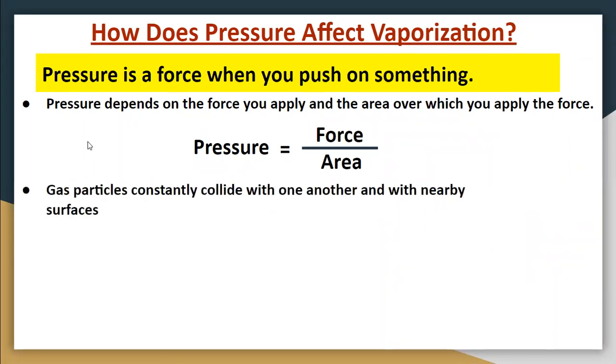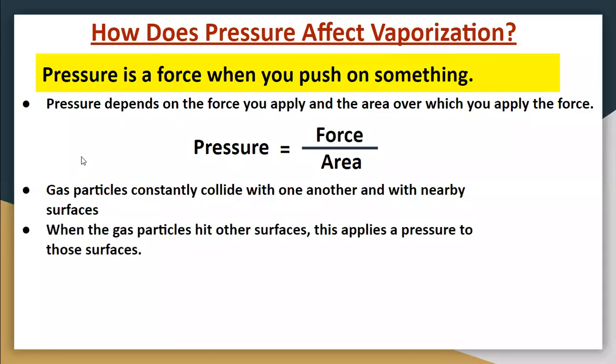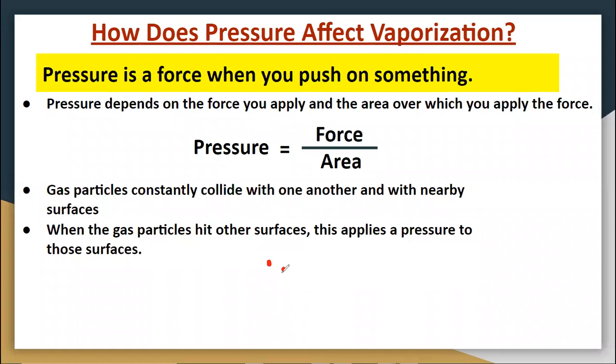Gas particles constantly collide with one another and with nearby surfaces. When the gas particles hit other surfaces, this applies a pressure to those surfaces. So if you think about it, if you have a bunch of little particles, let's say inside of a balloon, for example.